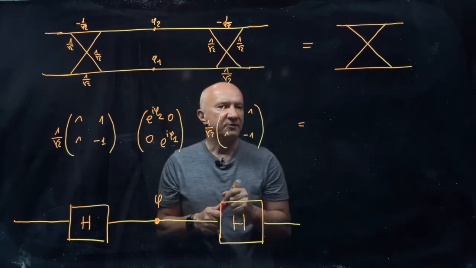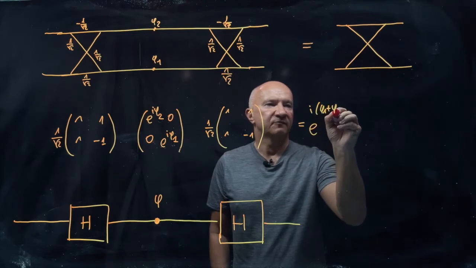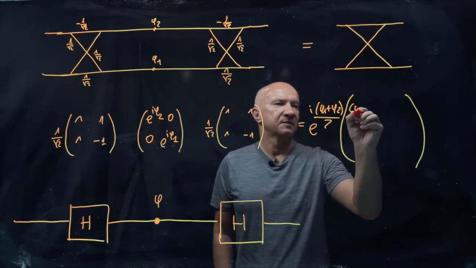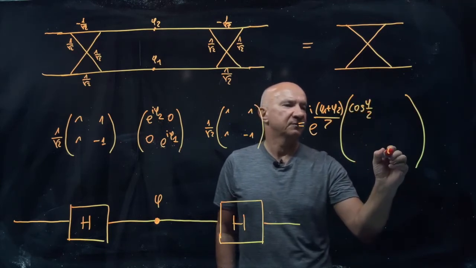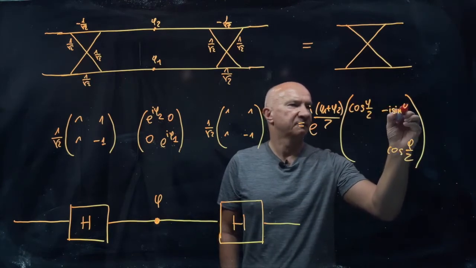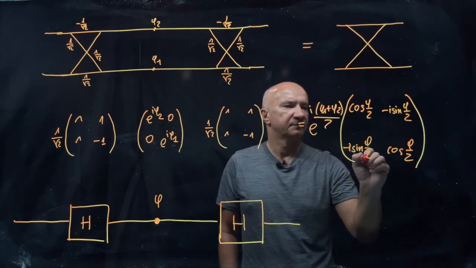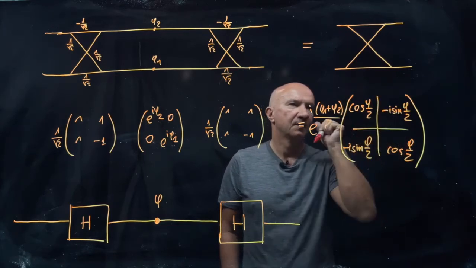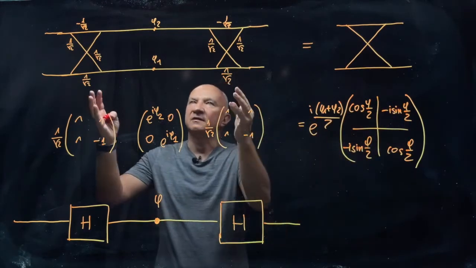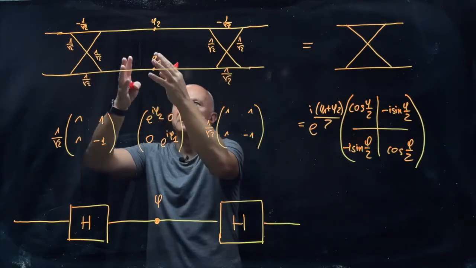If you do the multiplication, you will get something like e^(i(phi 1 plus phi 2)/2), and then a matrix which has cos(phi/2) on the diagonals and minus i sin(phi/2) on the off diagonals. So that means that this matrix here describes the effect of the concatenation of the three interactions in the system.